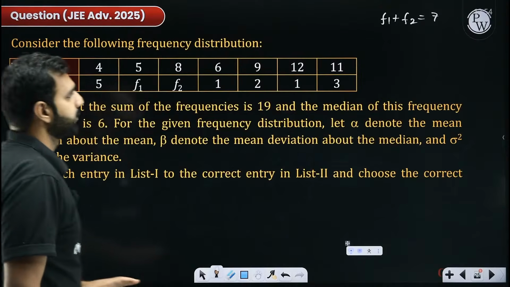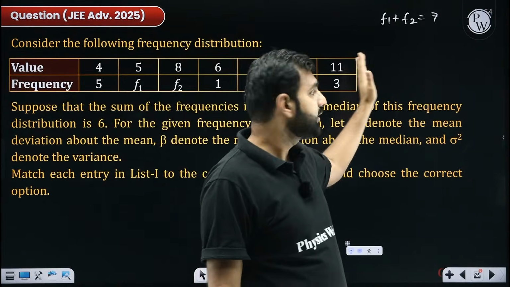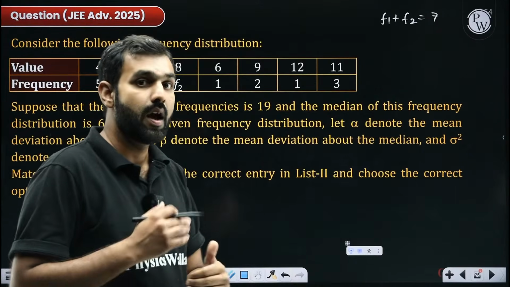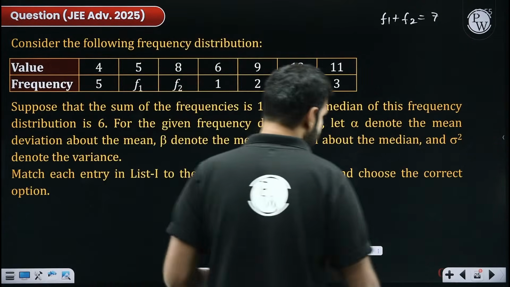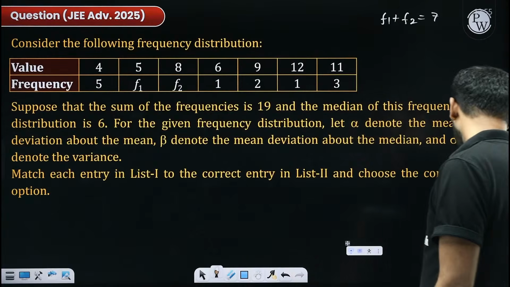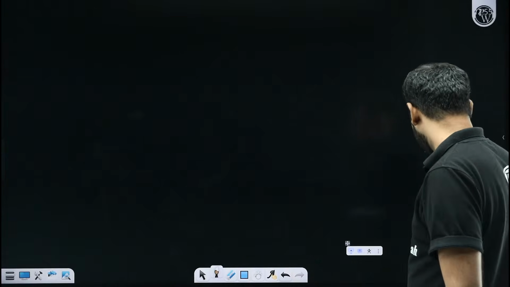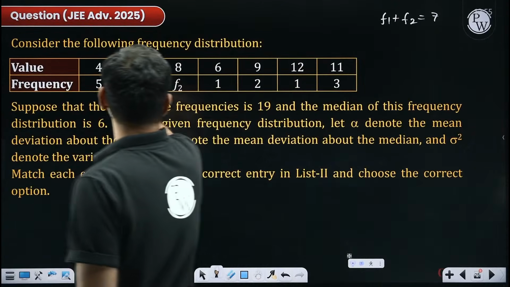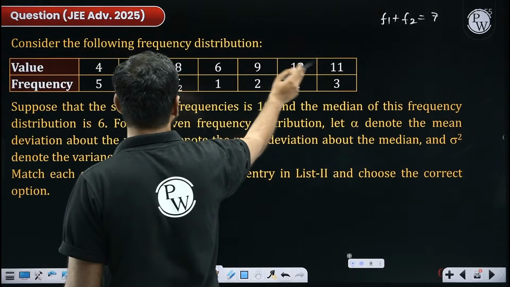Second conclusion. The median of this frequency distribution is 6. I'll come back to the median, but let me first rearrange the data in a simpler manner. Pay attention to this: 4, 5, 6, 8, 9, 11 and 12.